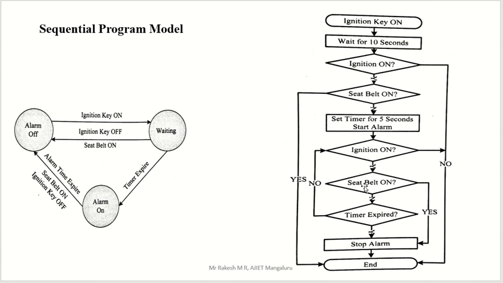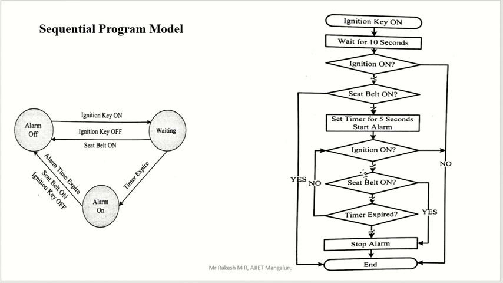If at that time he also has not fastened his seat belt, what to do? The option is time elapsed. So the timer expires. Here a 5 second timer is already fixed. If the timer is expired, then stop the alarm, because after that you can stop the alarm. If the timer is not expired, you again check whether the ignition is on.